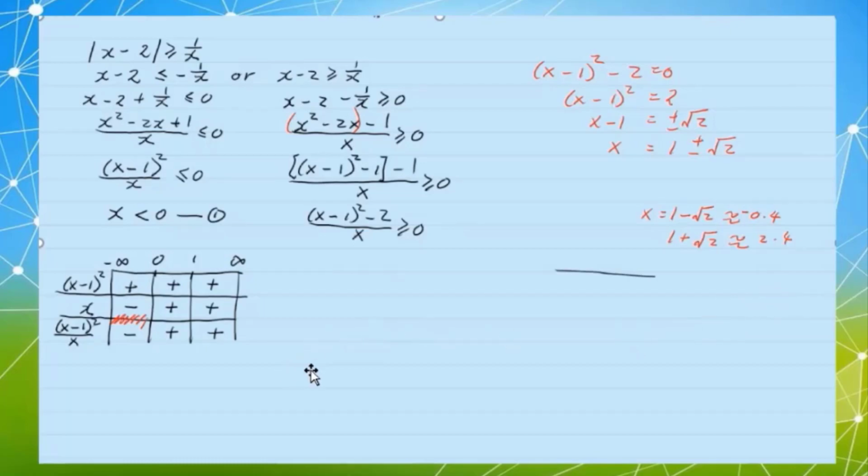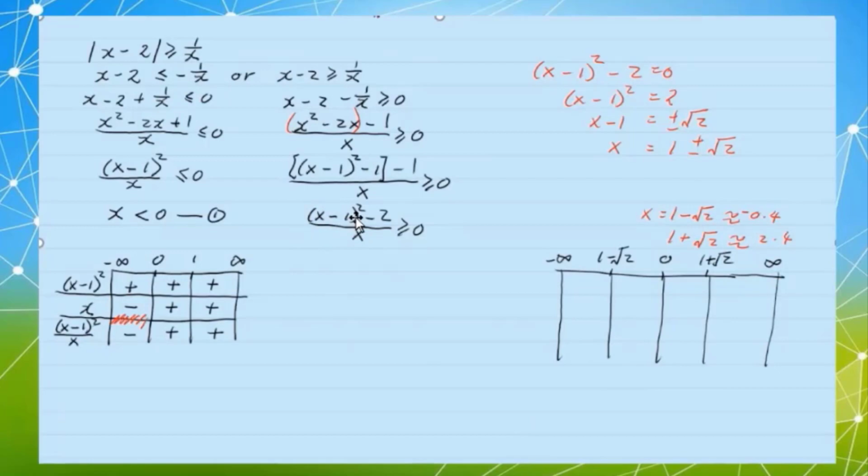So now when we mark the number line, on the left hand side is 1 minus square root of 2, on the right hand side is 0, then followed by 1 plus square root of 2.